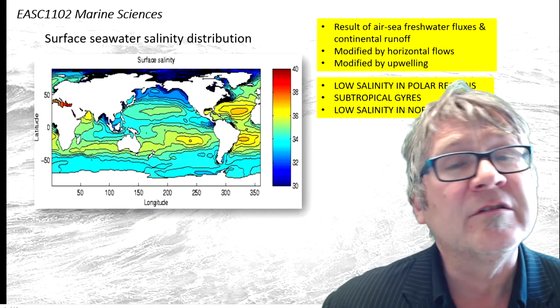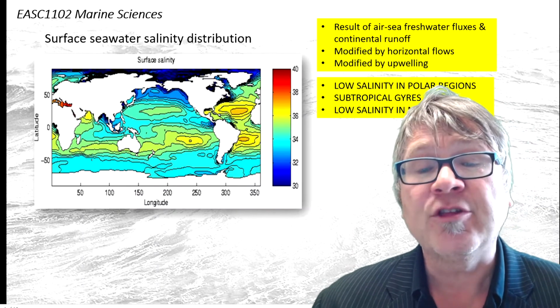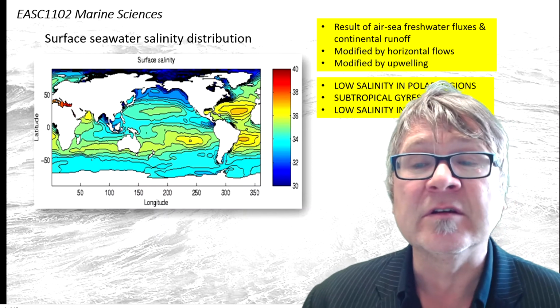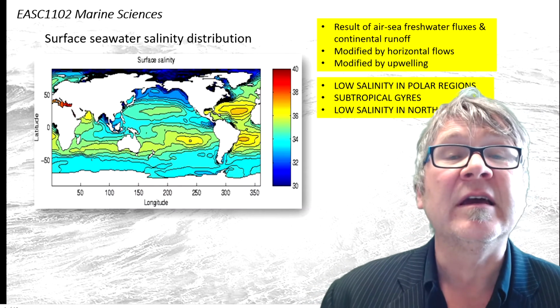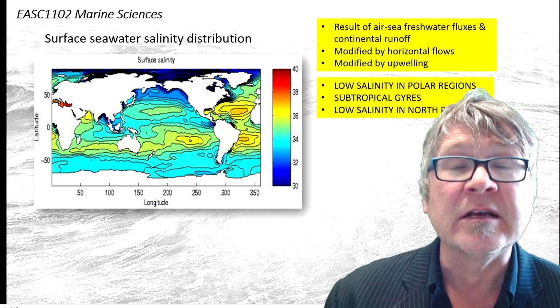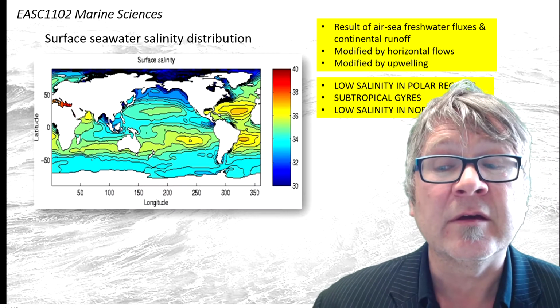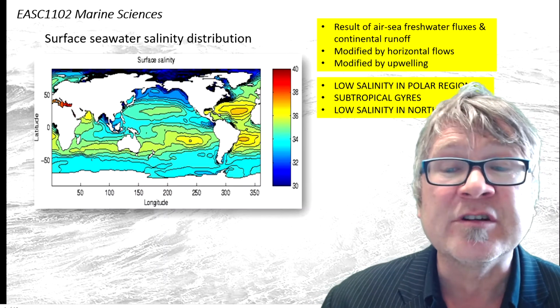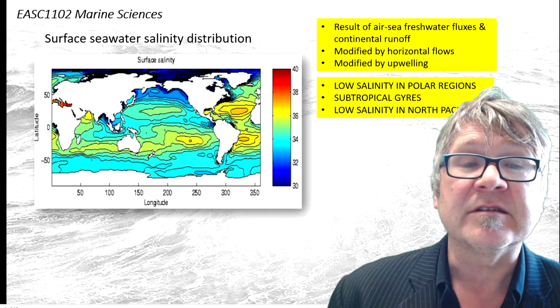Low salinity water here are the blue regions. Okay, so the blue regions have something like 30 or less salinity units, in the Arctic Ocean. You can also see that the Southern Ocean has relatively low salinity surface water. And indeed that's the excess of precipitation along the polar front that creates this.